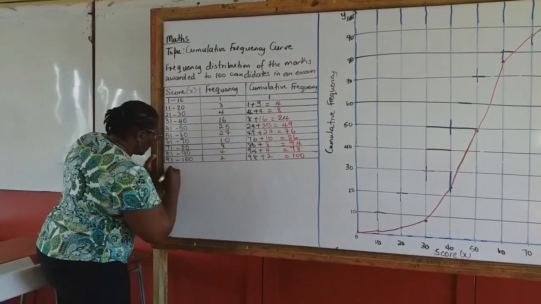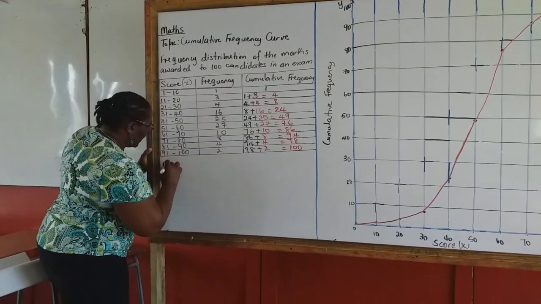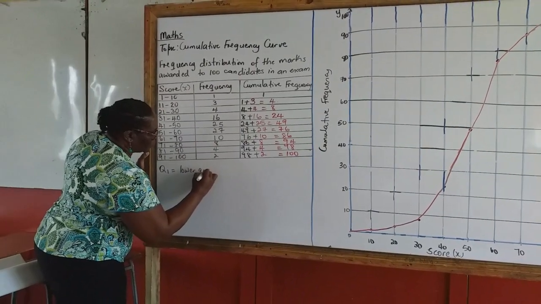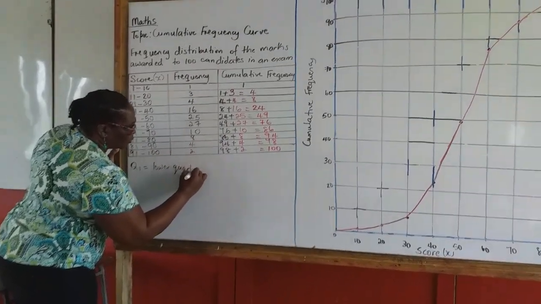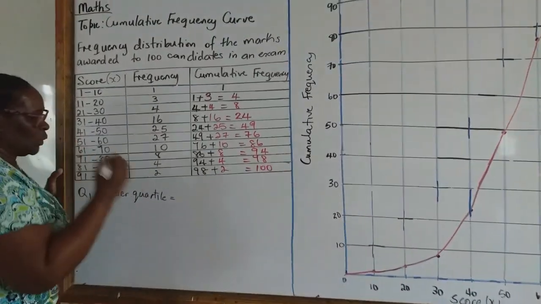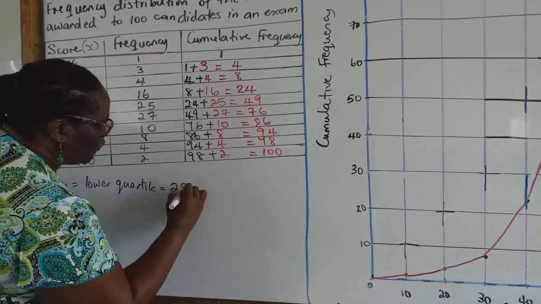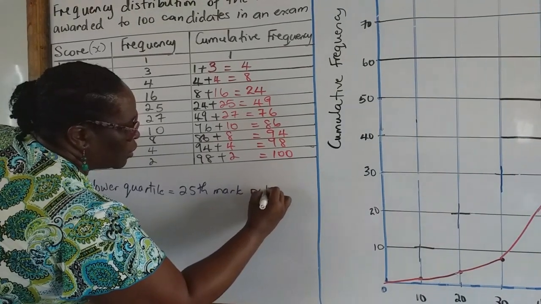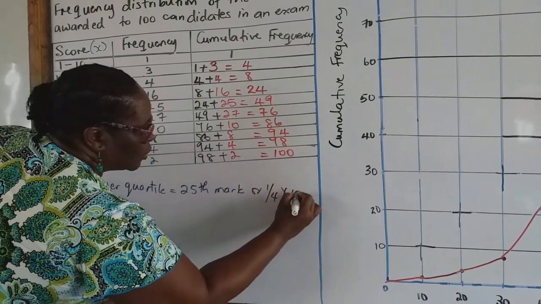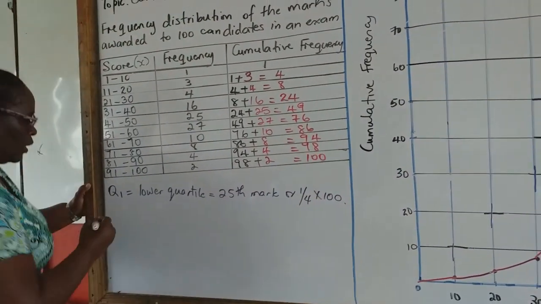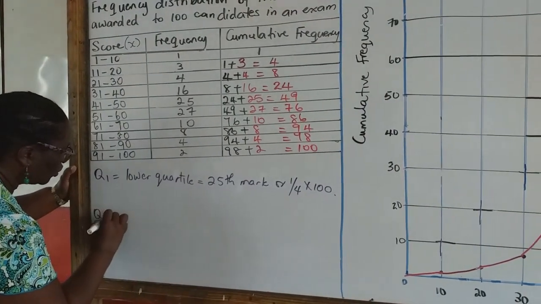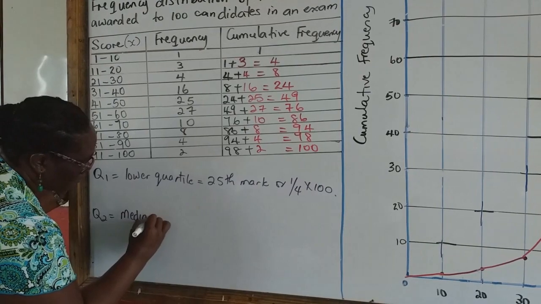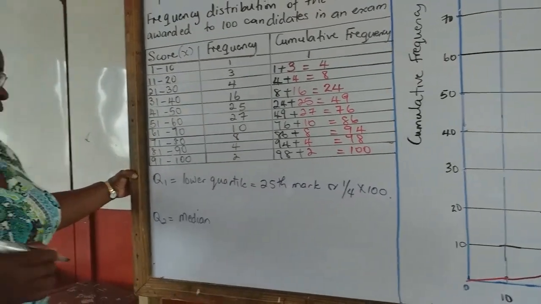The first quartile, we call it Q1, which is the lower quartile, which is the 25th mark, or a quarter times 100. Then we have Q2, which is the median. I'm certain you are familiar with the word median.